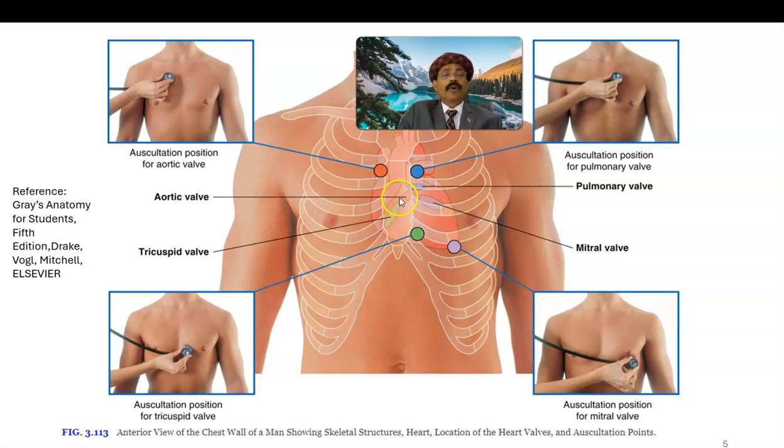The tricuspid valve is located here, and the best sound is heard here. The pulmonary valve is located here, but the best auscultatory position is here because blood is flowing there. We put our stethoscope bell in the downstream area, and similarly for the aortic valve this side is the best for auscultation.